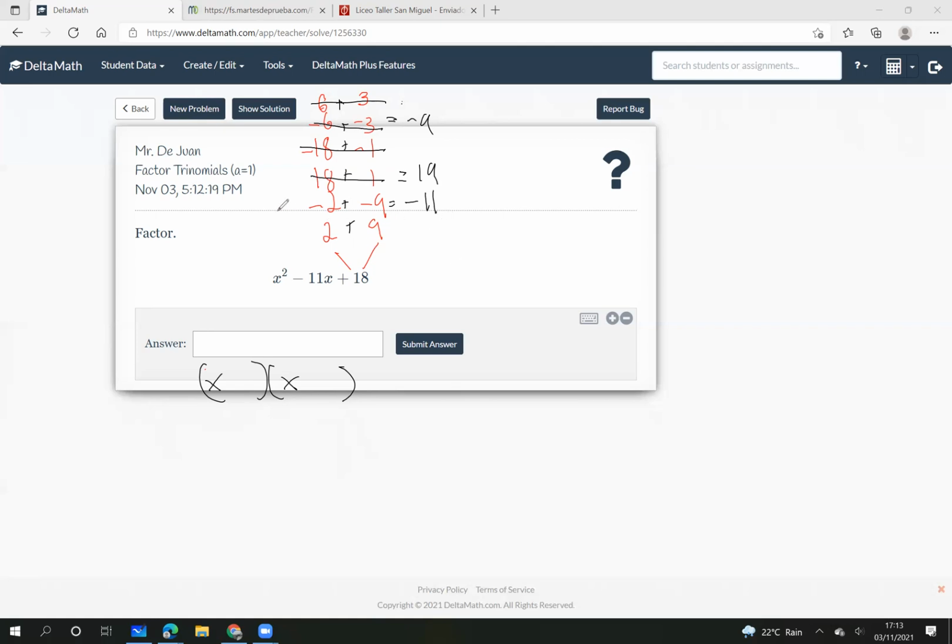Oh, what was I looking for? I was looking for what number? Negative 11. So I know that it's going to have to be negative 2 and negative 9. Okay? Negative 2 and negative 9, because the 2 will sumar to create negative 11, and they will multiply to create 18.